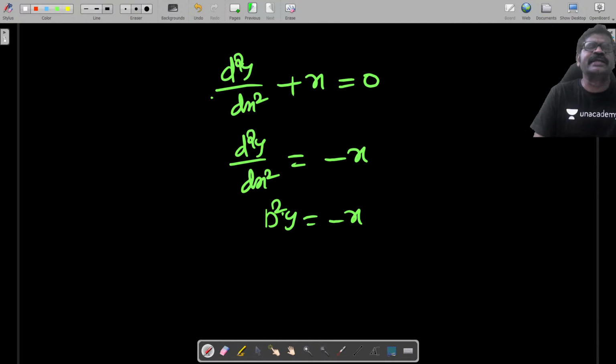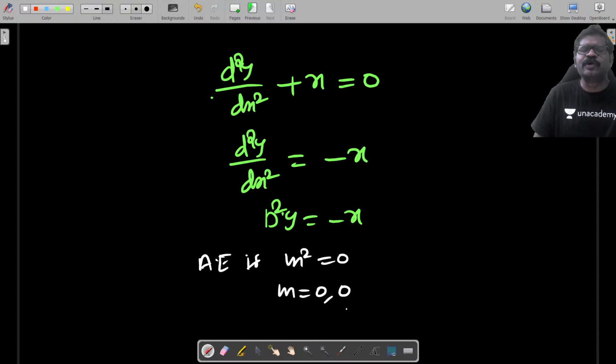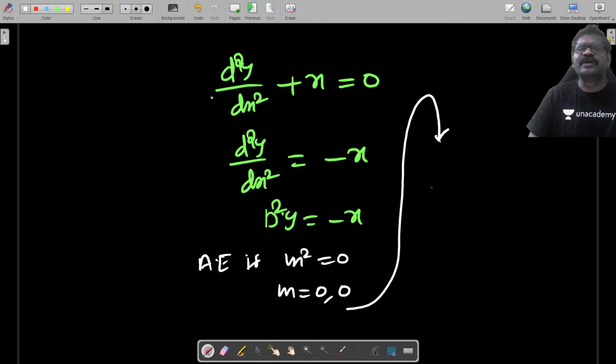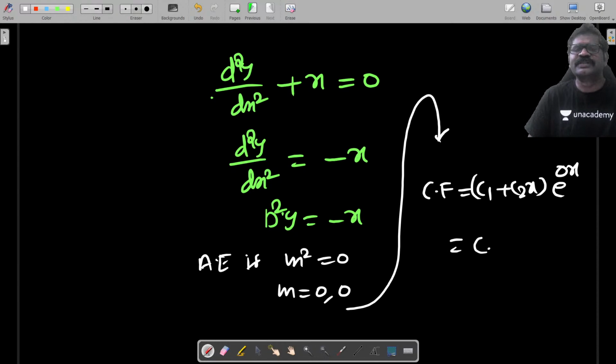The auxiliary equation is m square equal to 0. m is equal to 0, 0. Therefore, the complementary function is (c1 plus c2x) of e power 0x, that is c1 plus c2x.